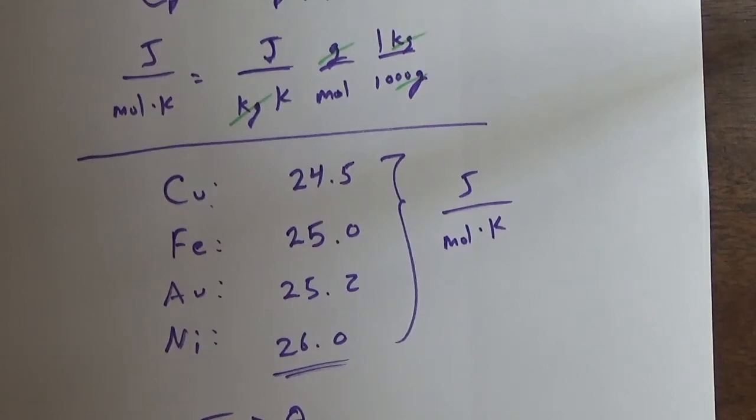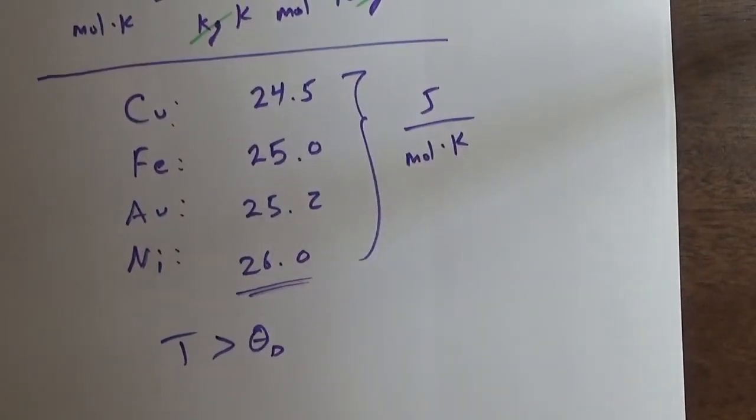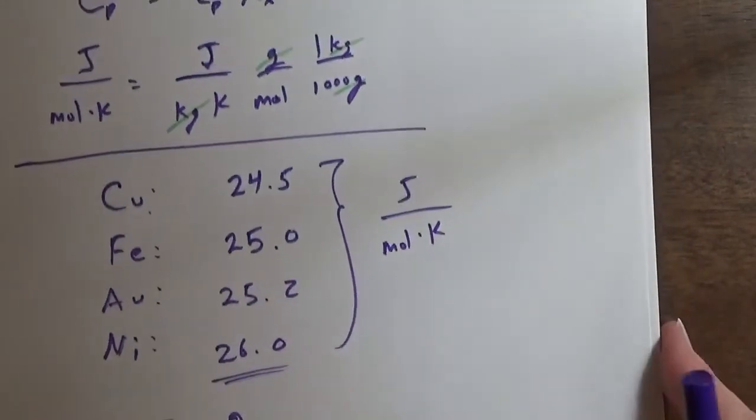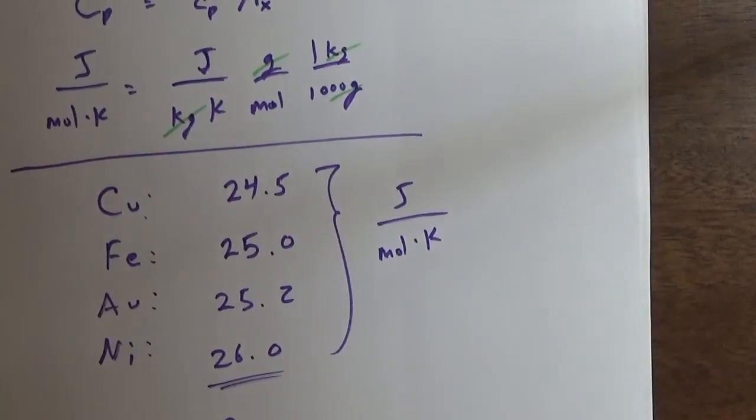But here, these are all good electrical conductors, and they're all at temperatures above the Debye temperature, meaning that you should have all the processes active. So that explains why in the table these all have about the same value.